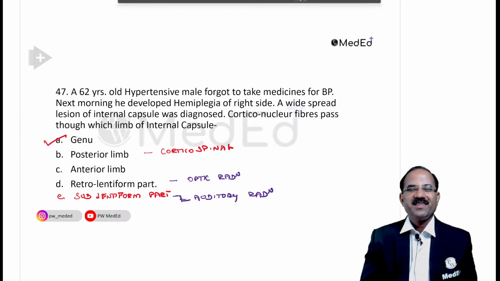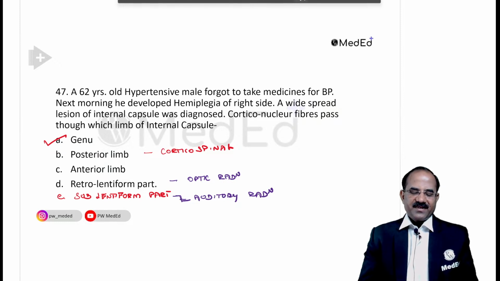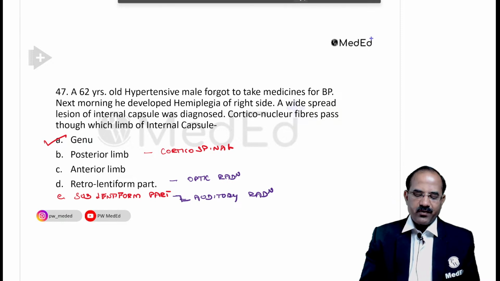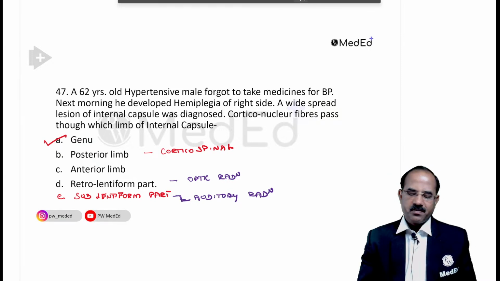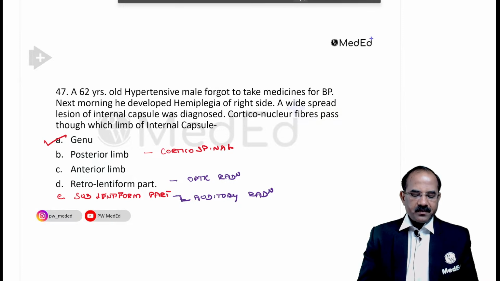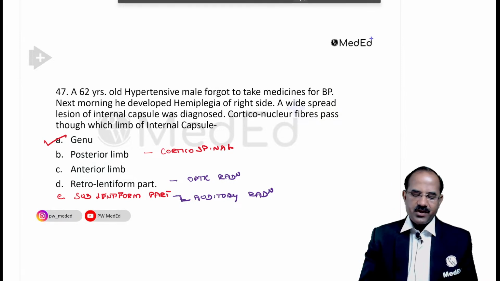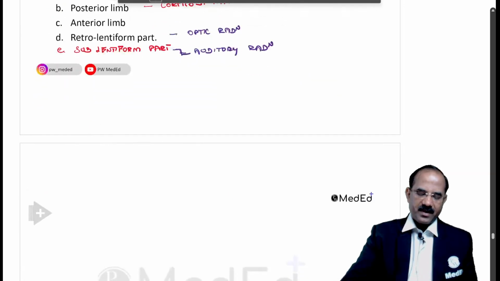This is very important. Students, clear? So corticonuclear fibers pass through the genu of the internal capsule. Posterior limb, corticospinal fibers. Retrolentiform part, optic radiation. Sublentiform part, auditory radiation.